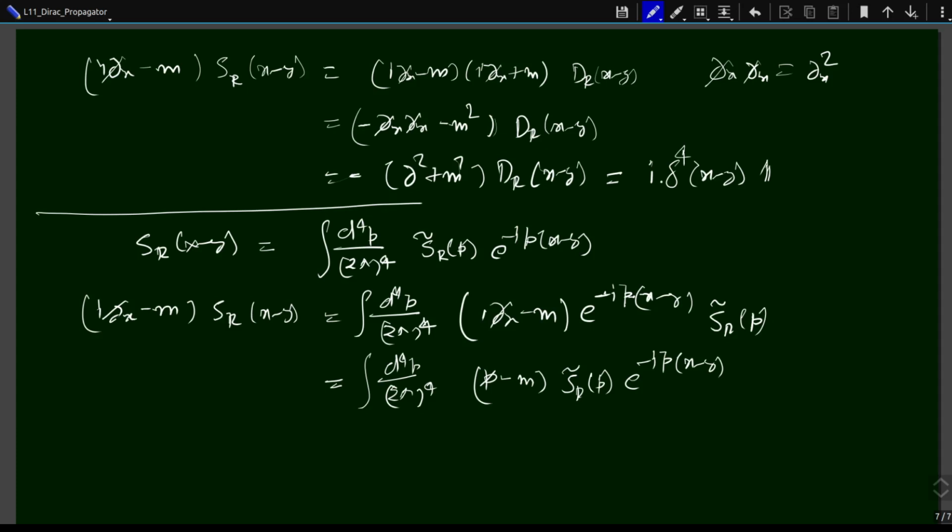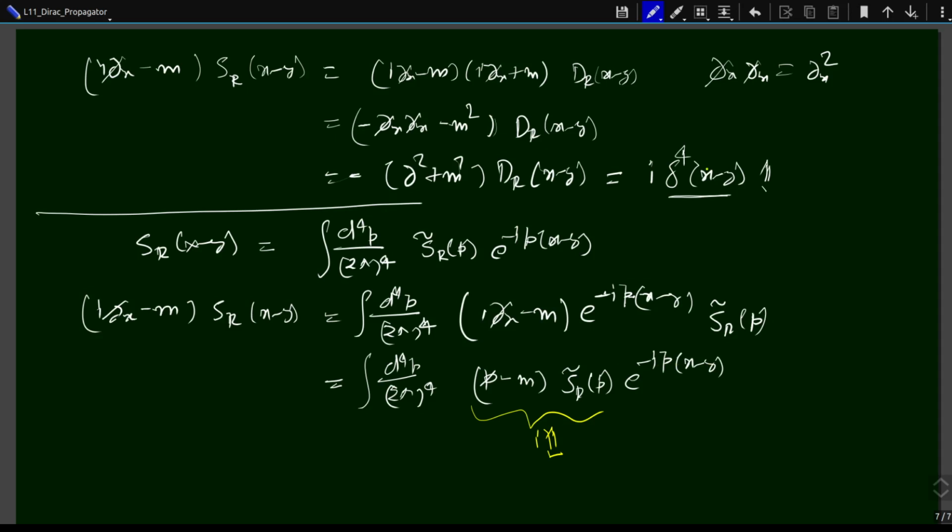Now on the right hand side, it is just i times the delta function times the identity matrix. So somehow this particular quantity must be equal to i times the identity matrix, so that it goes outside the p integral. All I have is ∫ d⁴p/(2π)⁴ e^{−ip·(x − y)}, which will just give me a delta function.